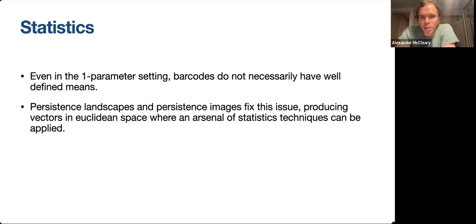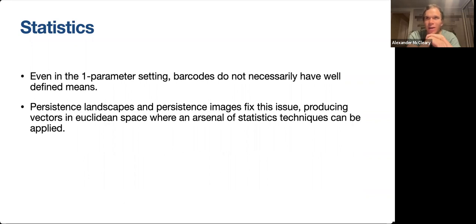Persistence landscapes and persistence images are attempts to fix this issue. The idea is that we want to take our persistence diagrams, or whatever invariant we're getting, and we want those to be vectors in Euclidean space. If we have vectors in Euclidean space, we can take averages, we can do principal component analysis, we can plug them into machine learning pipelines. There's all sorts of things we can do.